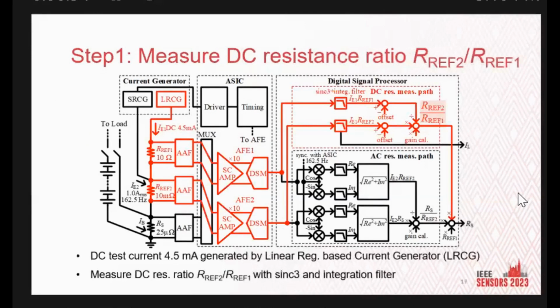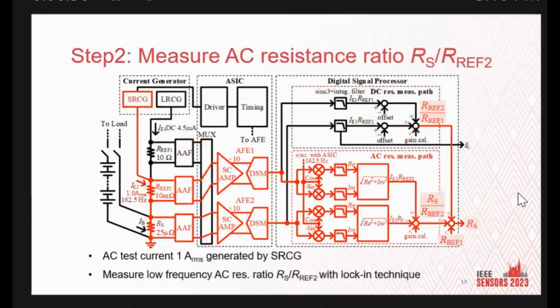In step 1, a DC test current of 4.5 milliampere generated by a linear regulator-based current generator is applied to these resistors, and the resistance ratio is measured by the FE and DSP, now with a Sinc3 and integration filter. In step 2, a test current of 1 ampere at 162 Hz is generated by the switching regulator-based current generator, and the low frequency AC resistance ratio is measured by the FE and DSP with the lock-in technique.